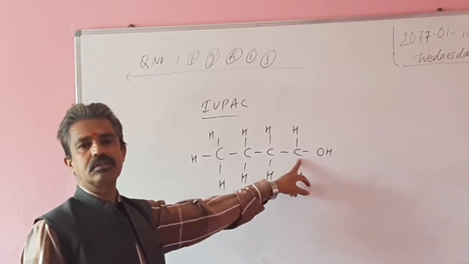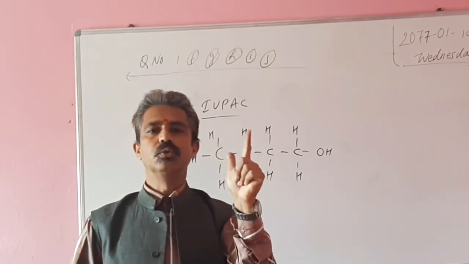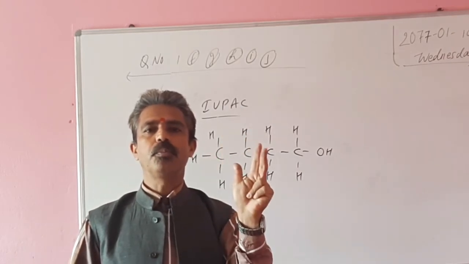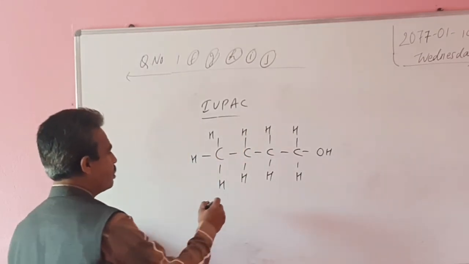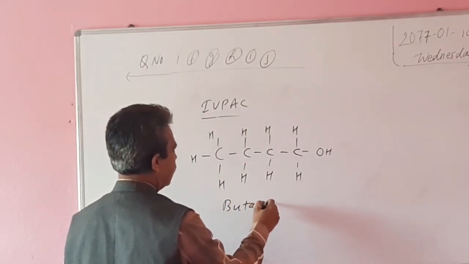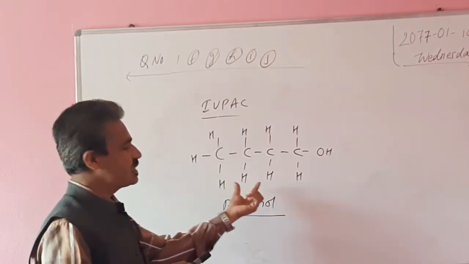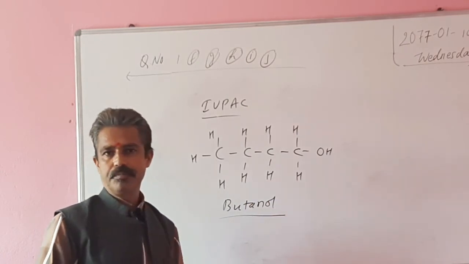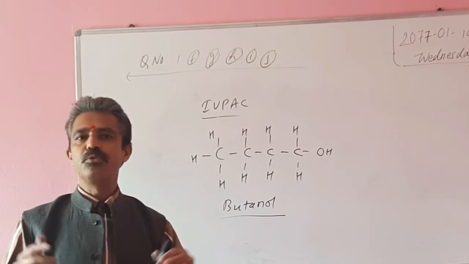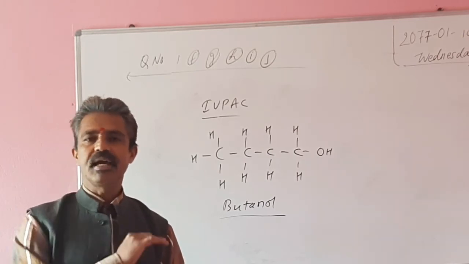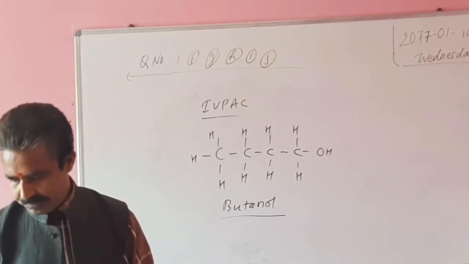What is the prefix for 4 carbons? 1 carbon, meth; 2, eth; 3, prop; 4, but. So its name is butanol. The IUPAC name of this compound is butanol. We can say butyl alcohol, but the IUPAC name is butanol, like methanol, ethanol, propanol, butanol, pentanol, etc.